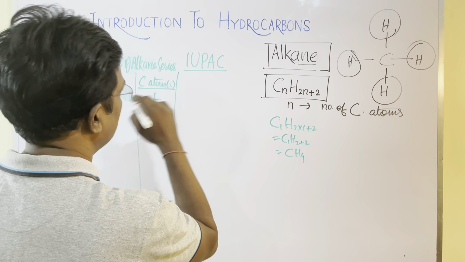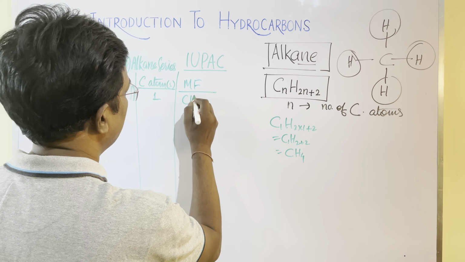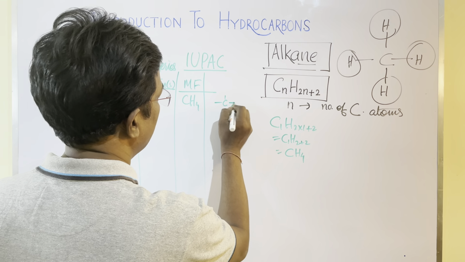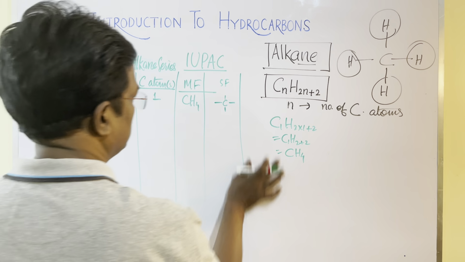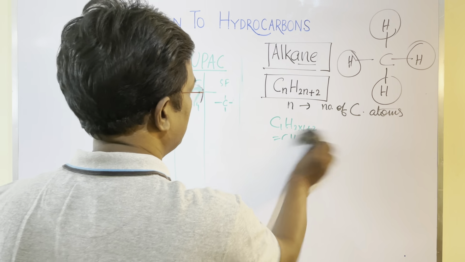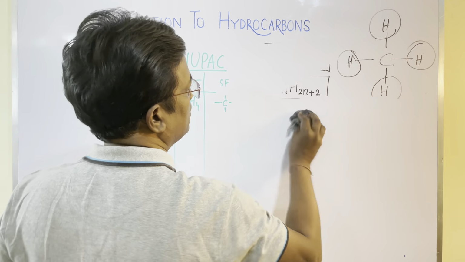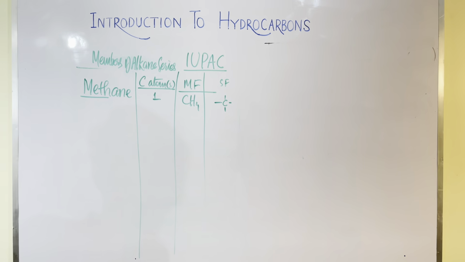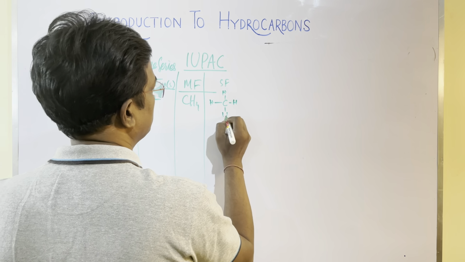So the structural formula or molecular formula is CH4. How are they arranged? Like this. This is the structural formula. This space is occupied by carbon.